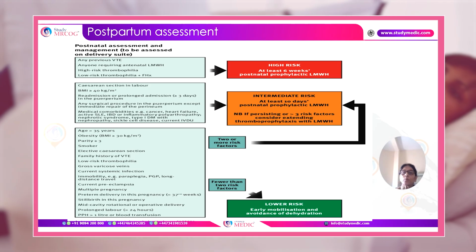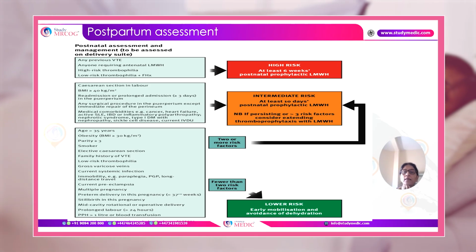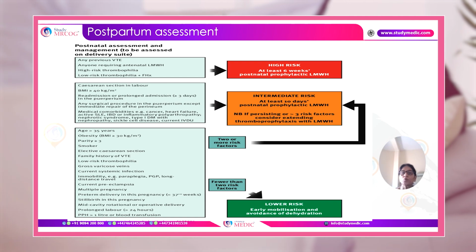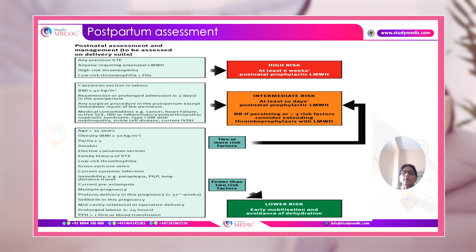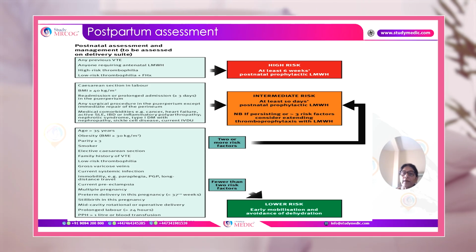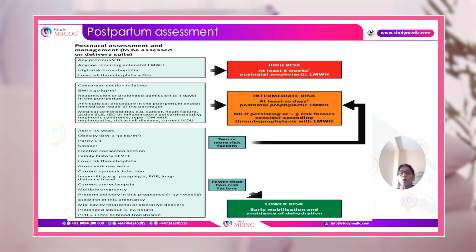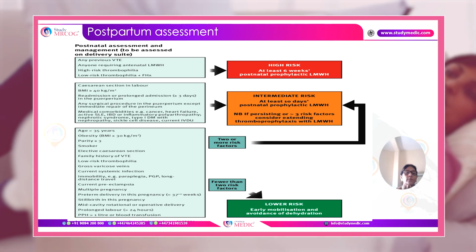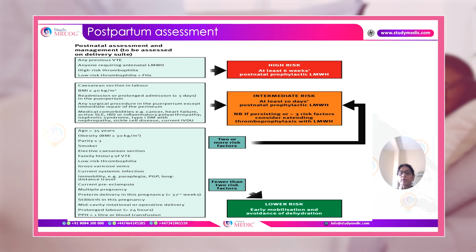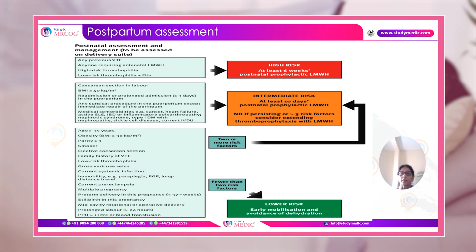Now, this is the postpartum assessment. Like I told you previously, anyone in the postpartum period with 2 or more risk factors will be given thromboprophylaxis. Those who have high risk factors, that means those who are on low molecular weight heparin from 28 weeks of pregnancy, usually we give it for a period of 6 weeks in the postpartum period.